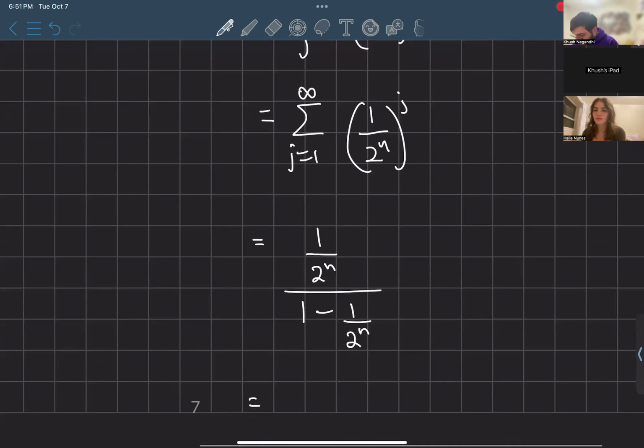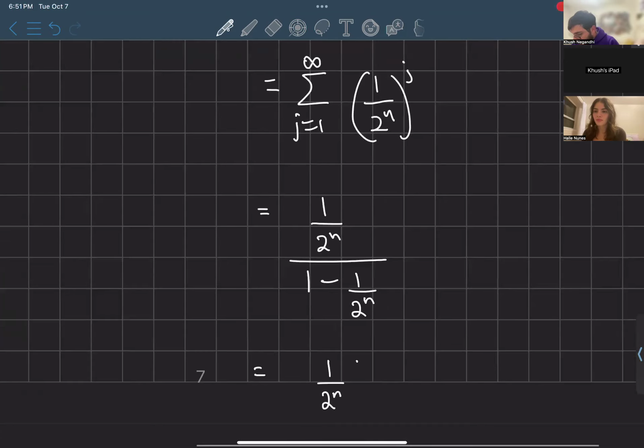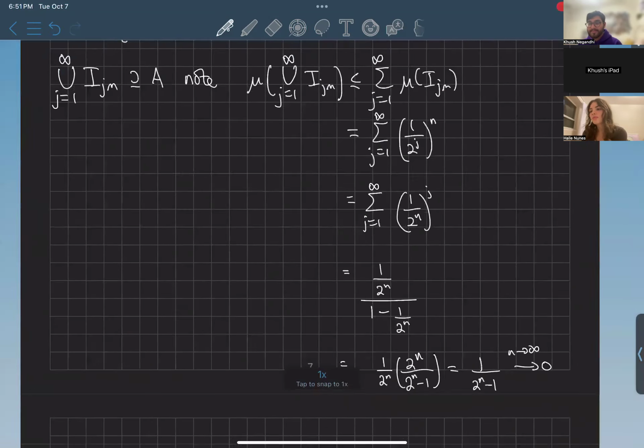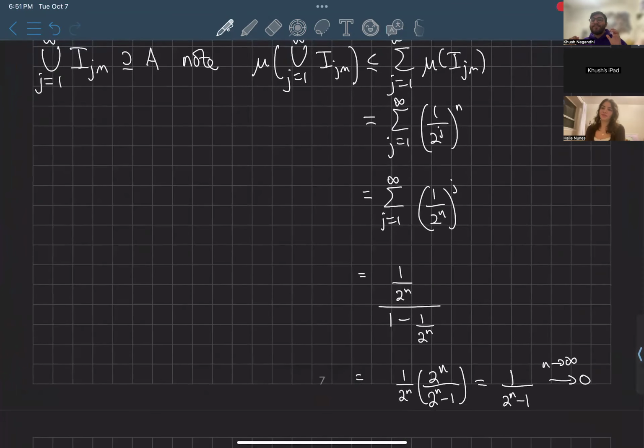If I write this out, I get 1 over 2 to the n times 2 to the n over 2 to the n minus 1, right? Which is just 1 over 2 to the n minus 1, which goes to 0 as n goes to infinity. So we see that the infimum is 0.